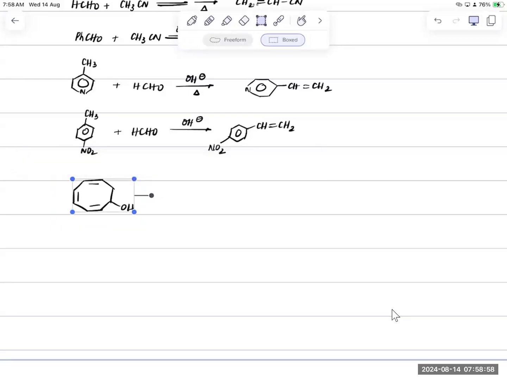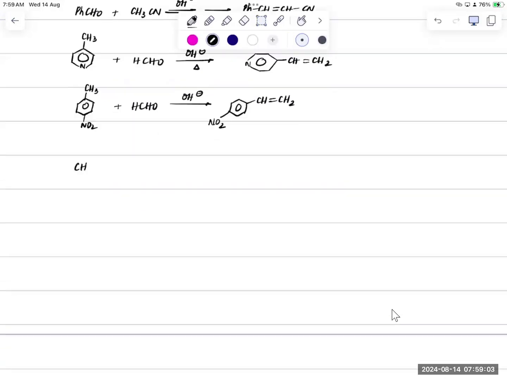To get this product, suppose I have CH3-CH=CH-CHO, and I have the same molecule again, CH3-CH=CH-CHO. So you can expect this molecule attacking here.